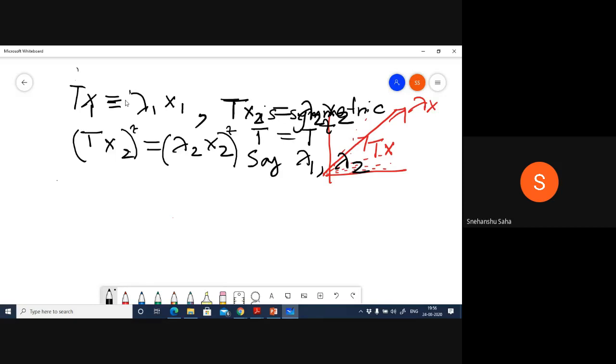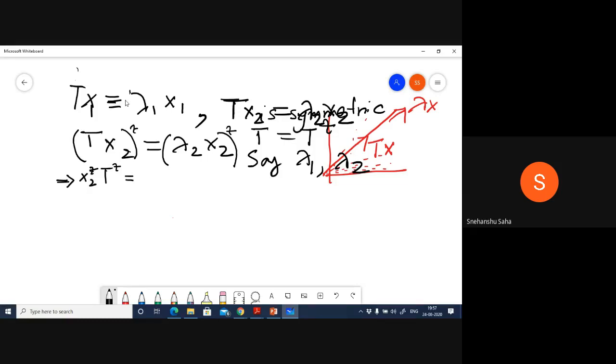And just now you have seen the property of a transpose, right? What happens when you take the transpose of two things? The order will change. So by following that approach, you will have x2 transpose T transpose on the left hand side. What do you have on the right hand side?